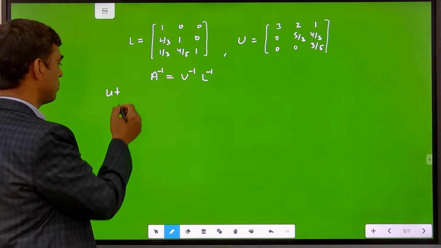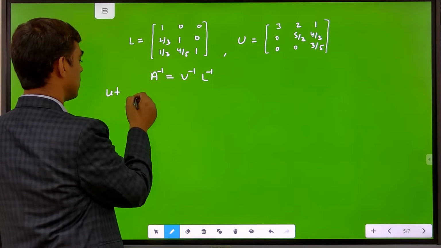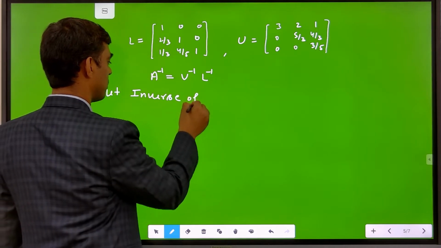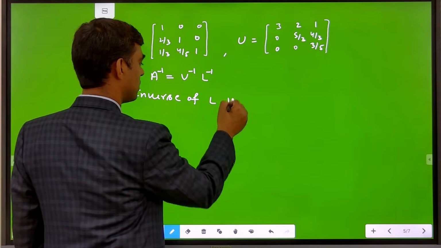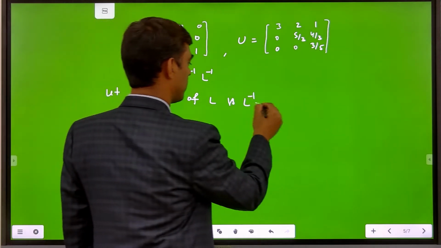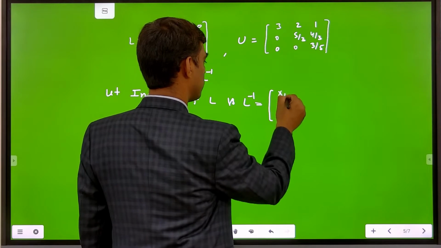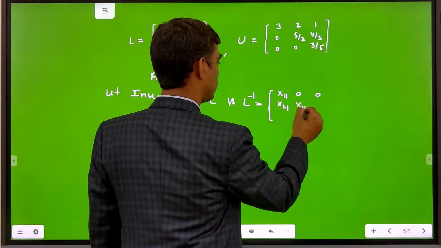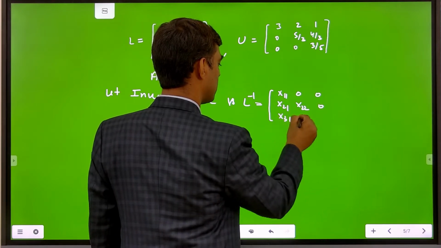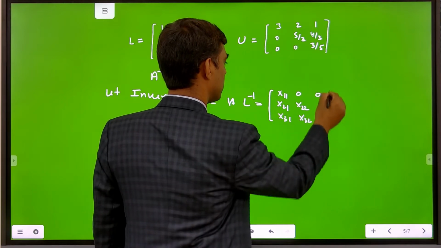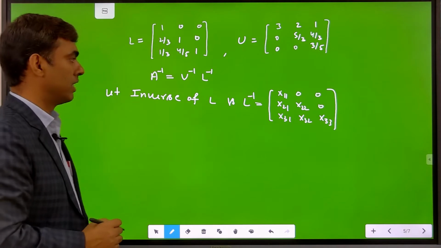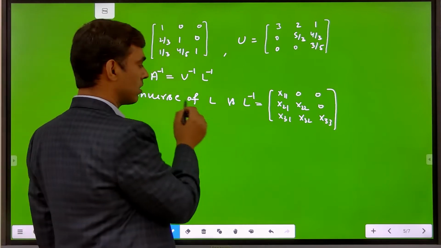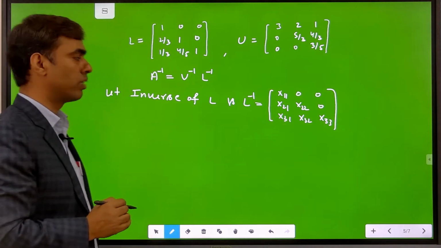So here we assume the inverse of L is L inverse equal to: x11 0 0, x21 x22 0, x31 x32 x33 be the inverse of L. As we say that L is a lower triangular matrix, the inverse of a lower triangular matrix is also a lower triangular matrix.